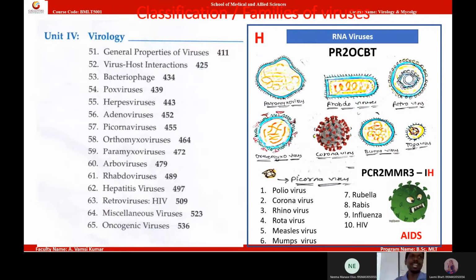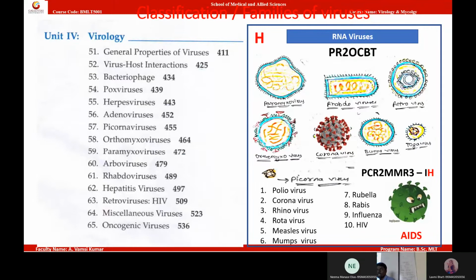Okay, so enough. Listen, students, very simple. You already know RNA viruses, right? You know the families: paramyxo, rhabdo, retro, orthomyxo, everything. Then you have the species: polio, corona, rhino, rota, measles, mumps, rubella, rabies, influenza, HIV, right? So all these are RNA viruses. Currently, we are discussing rhinovirus.